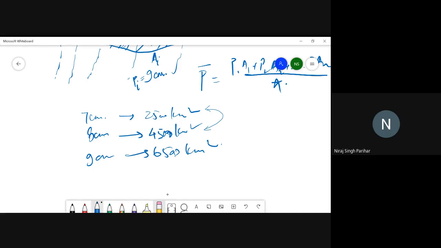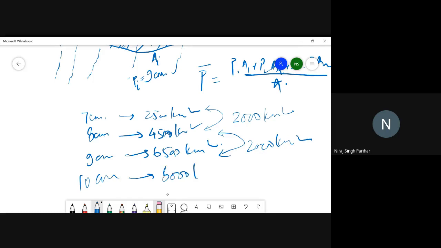So the area between these two contours will be around 2000 kilometers square. Again, the difference between these two is around 2000 kilometers square. Maybe for next 10 centimeter contour, you will be given a reading of say 8000 kilometers square. Okay, so for between 9 to 10 contour, you will have to take the difference between the readings of these two areas, that is 1500 kilometers square.